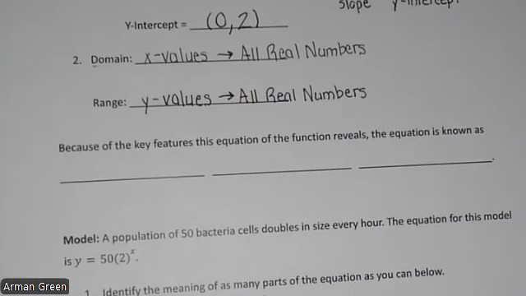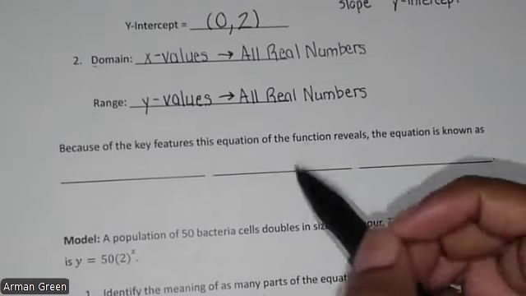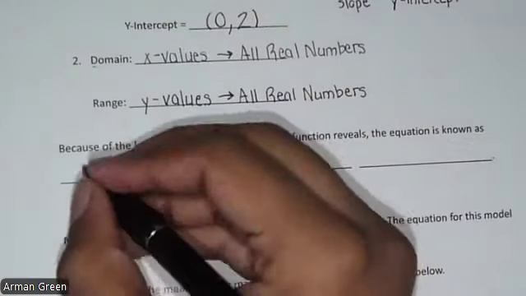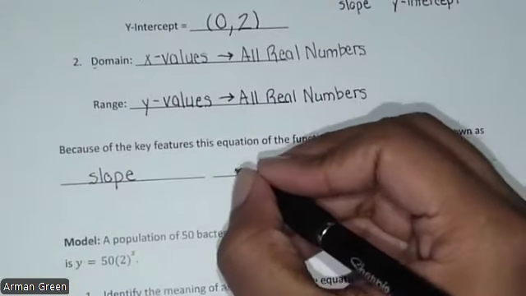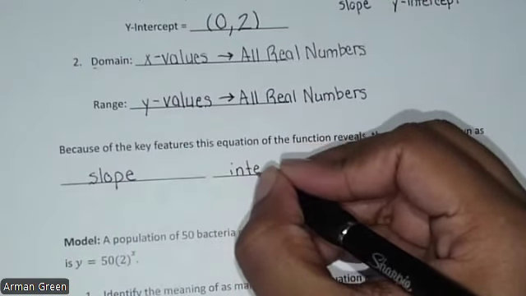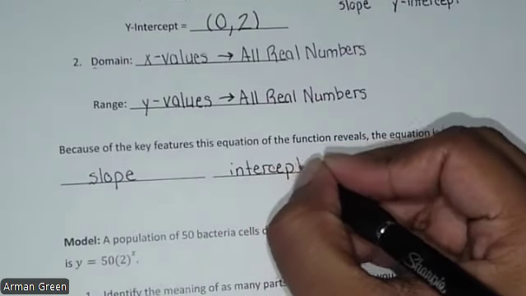So because of these key features that we found from this equation, using the slope, identifying the y-intercept, the domain and range, all these things, when they come together, this equation, we remember, is known as slope-intercept form.